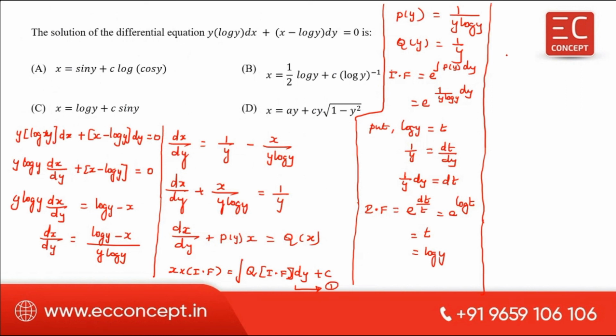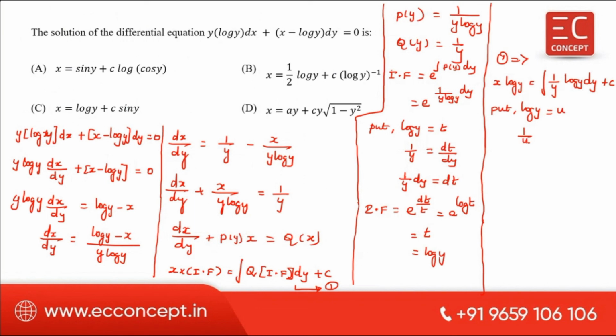Substitute everything. Equation 1 implies x into the integrating factor log y is equal to the integral of q, 1 by y, into the integrating factor log y into dy plus constant of integration. Now here you put log y equal to u.